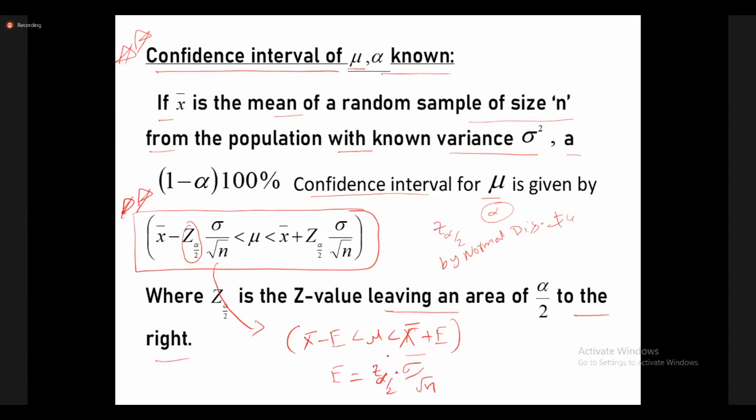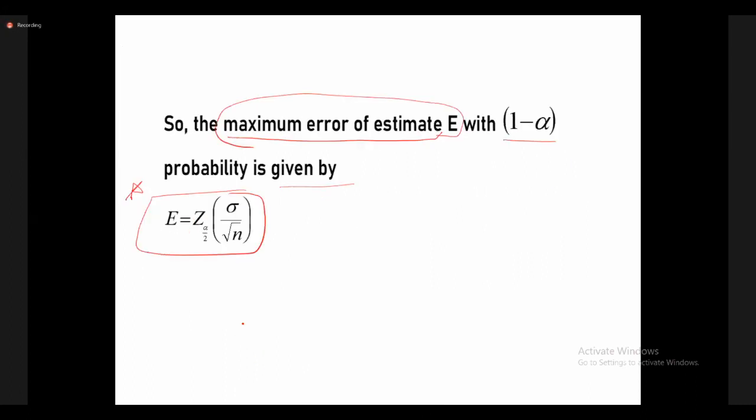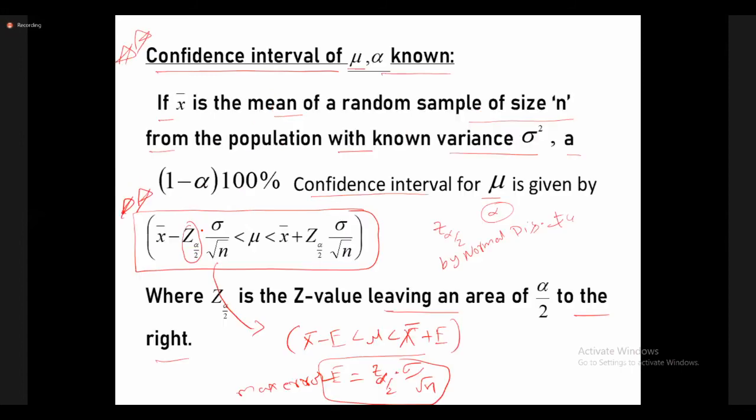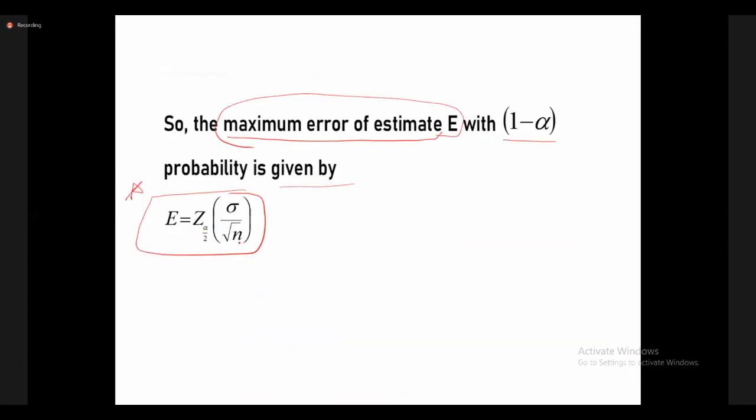This is called the maximum error. See that formula they given here: z alpha by 2 into sigma by root n. Remember these formulas.